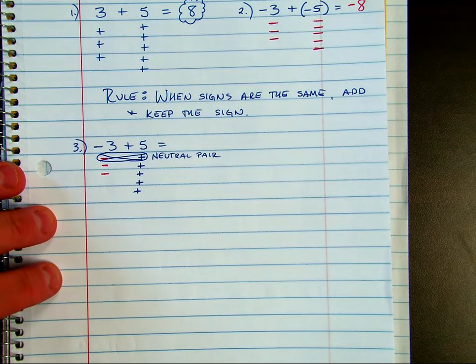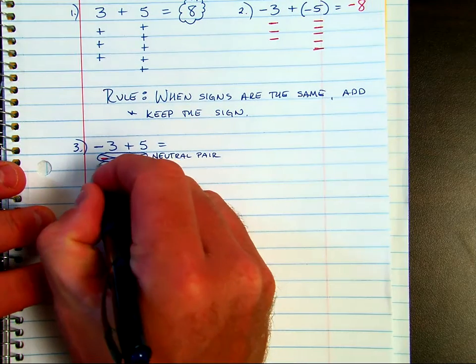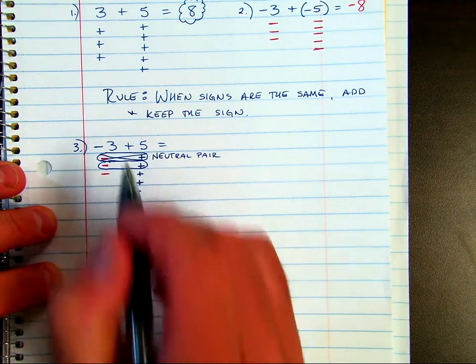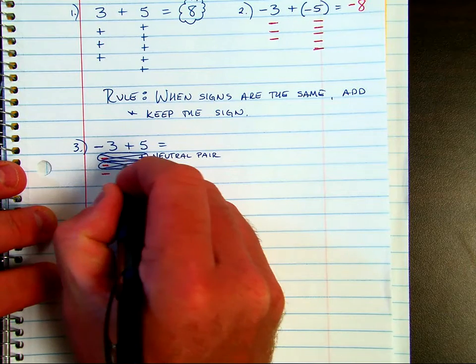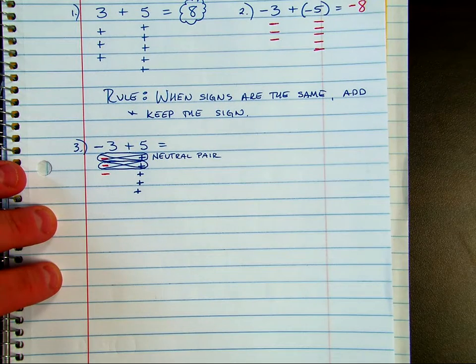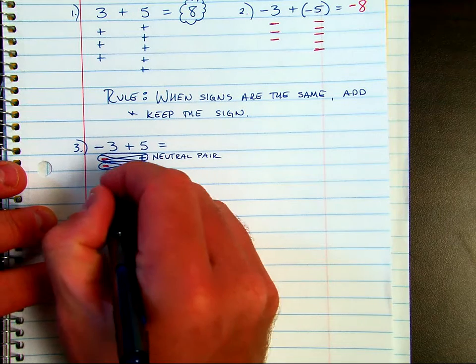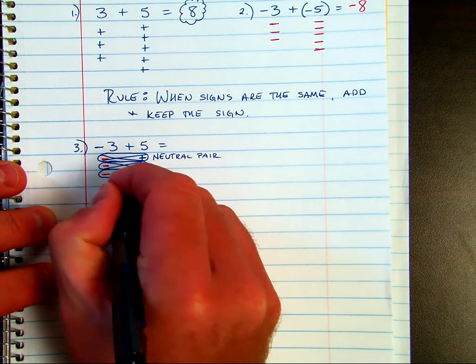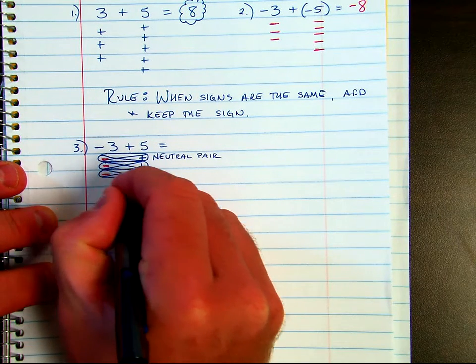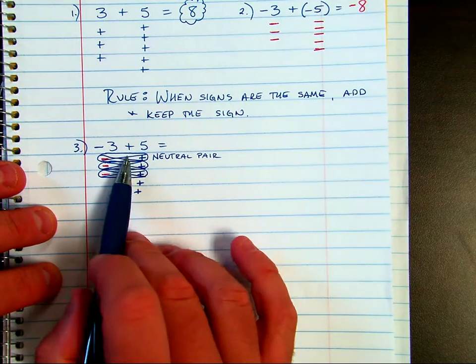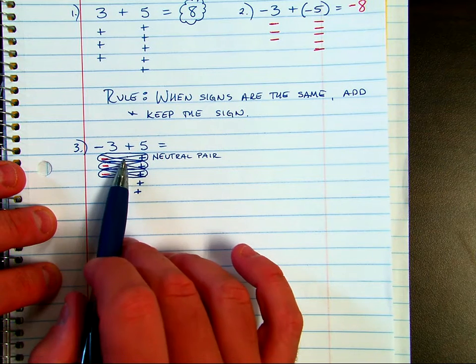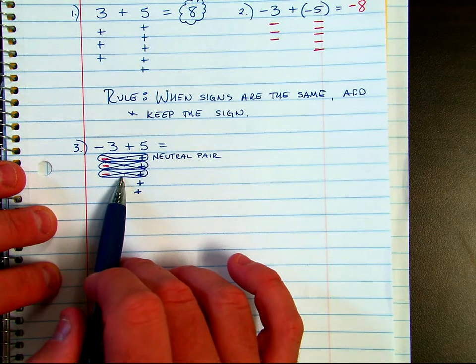They wipe away. This negative and positive cancel with each other and wipe away. This negative and positive cancel with each other and wipe away. All three of these are neutral pairs. All three of these are 0.